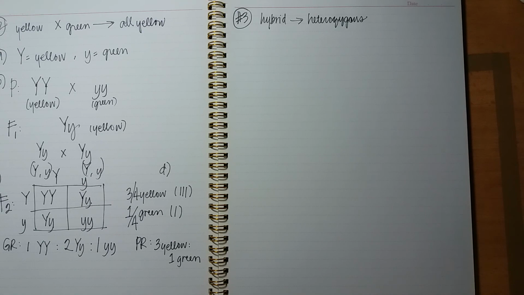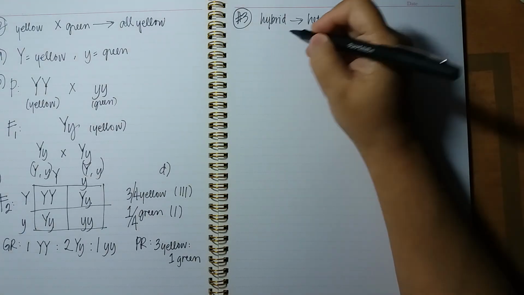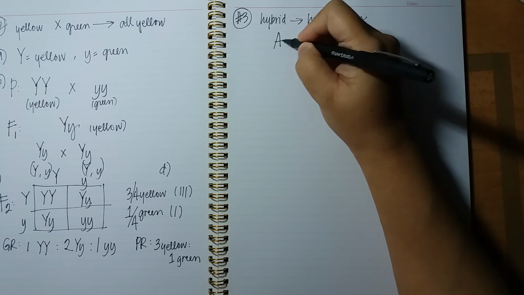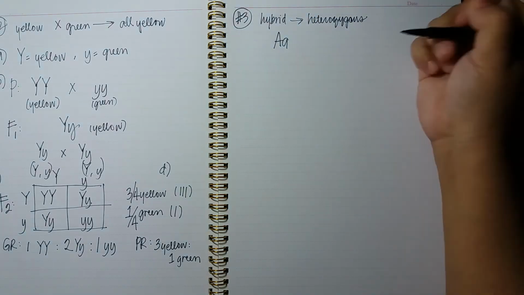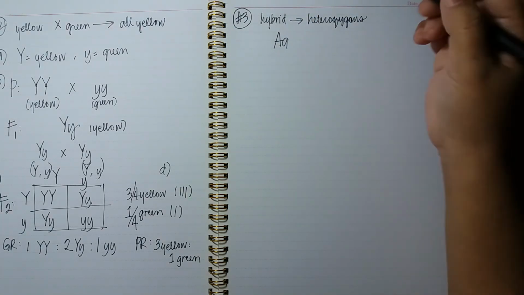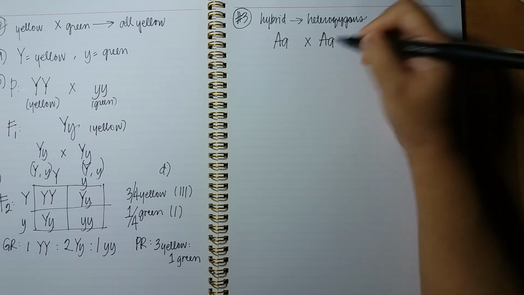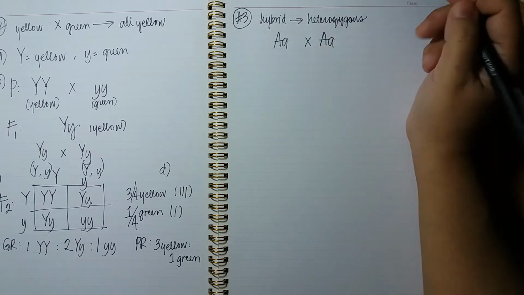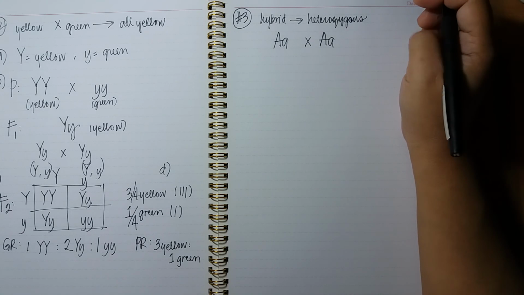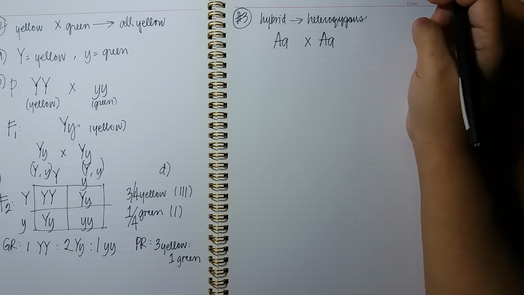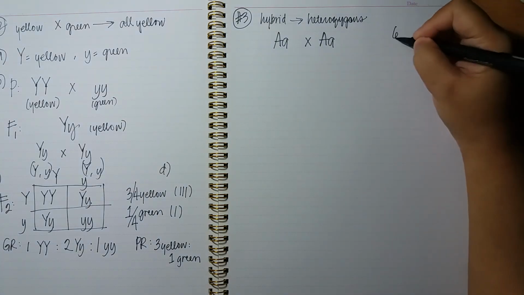Okay? So, if you have a hybrid, its genotype is heterozygous, so big A, small a. Okay. So, two pea plants that are hybrid for a single trait, so they have the same genotype. Okay? Pertaining to that trait or character. Okay? So, they produce a total of 60 offspring.